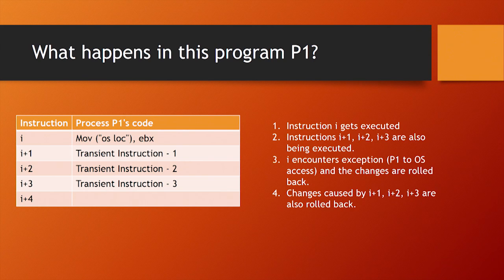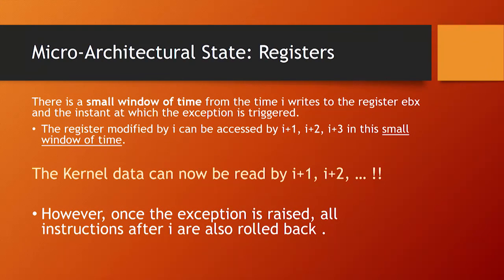At some point they will all be removed because I itself is wrong. So I plus 1, I plus 2, I plus 3 will get annulled, and all the things that they have done will get annulled. But by the time it gets annulled, there is a small window, and in that window we can leak the information of EBX to the external world, right. So this is the important thing.